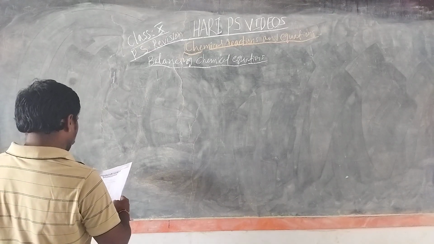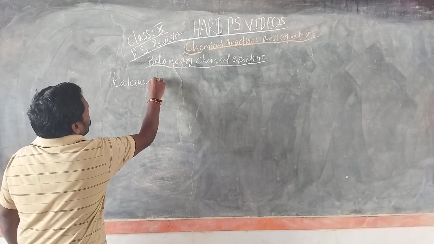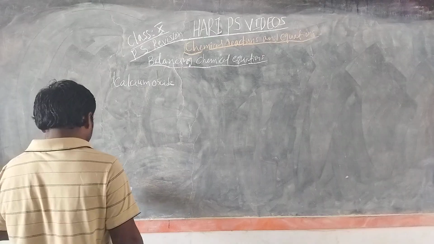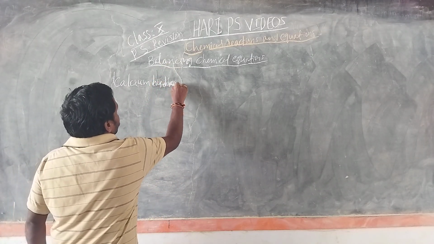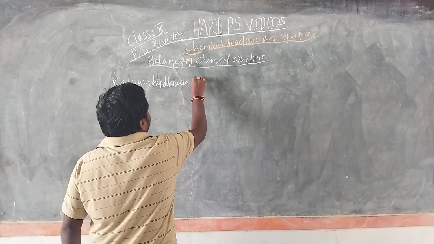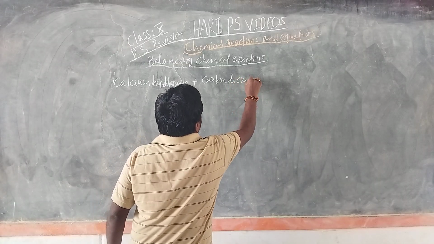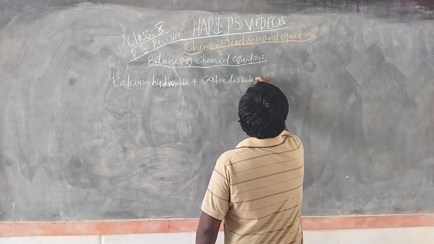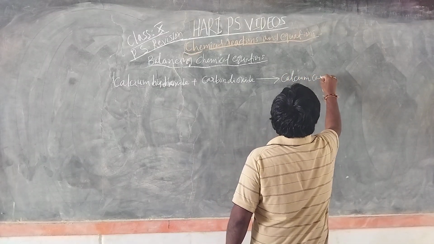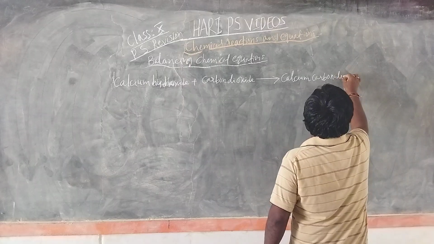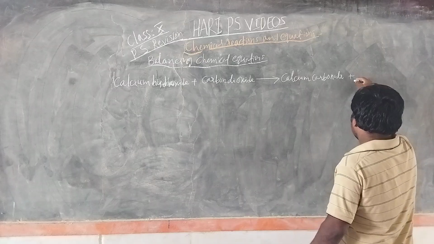Here is given calcium hydroxide plus carbon dioxide gives rise to calcium carbonate plus what?